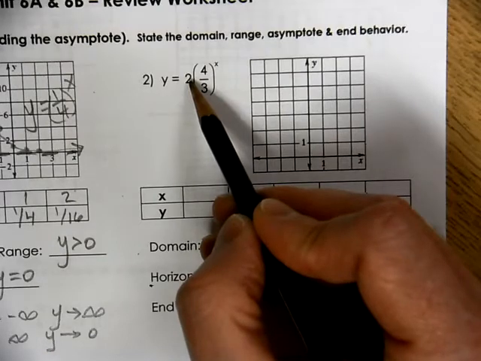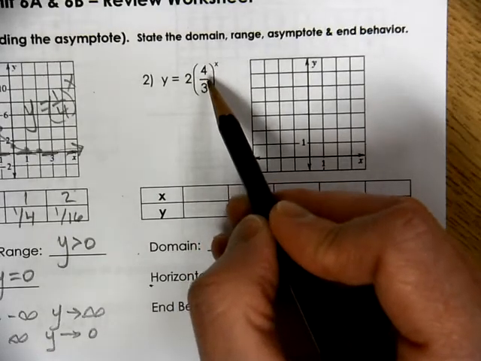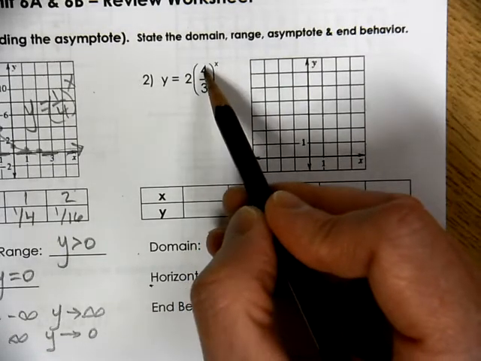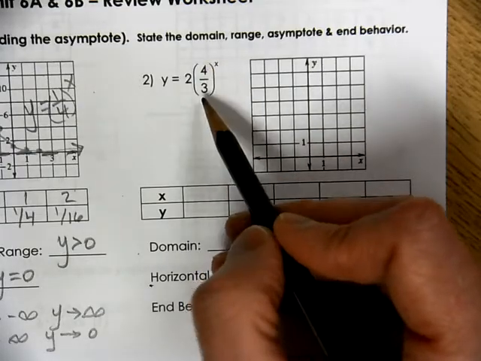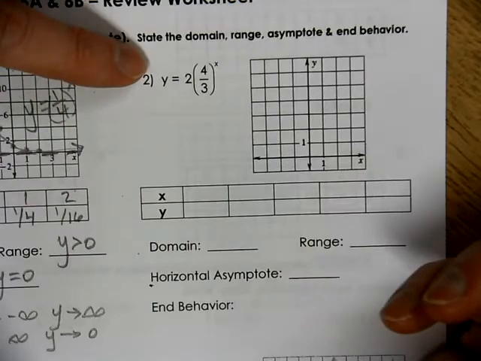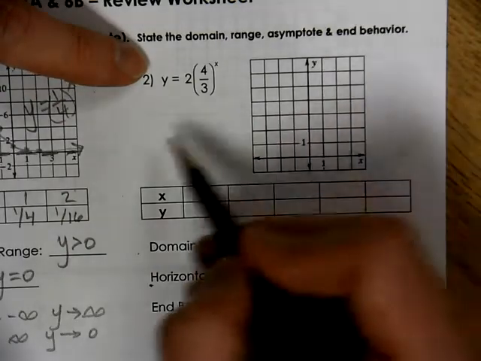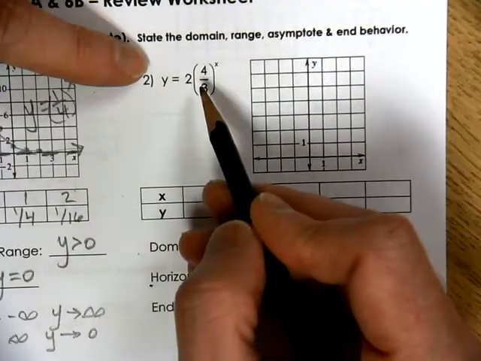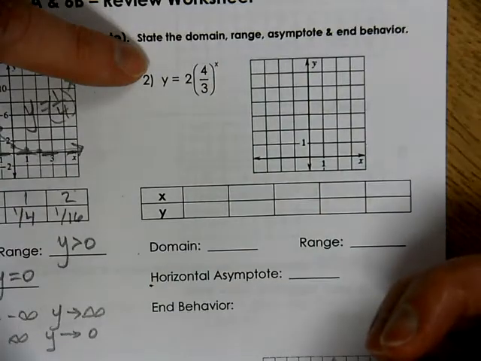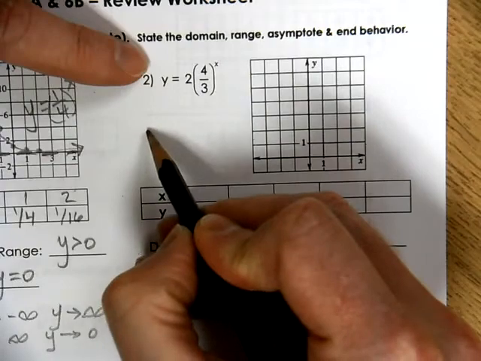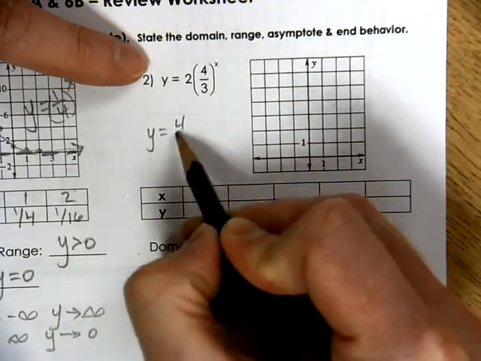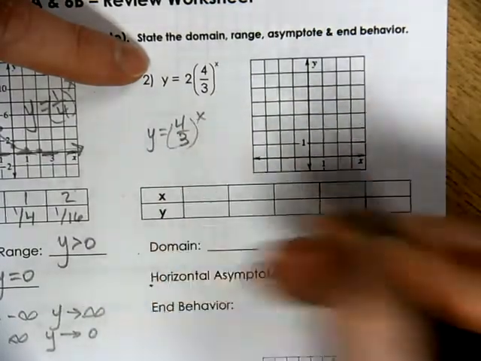Here we have an a value of 2, and we have exponential growth because this fraction is greater than 1. The numerator is bigger than the denominator. So one way we could graph it would be to start out with the parent function. Might be somewhat easier for us. So y equals 4/3 to the x power.